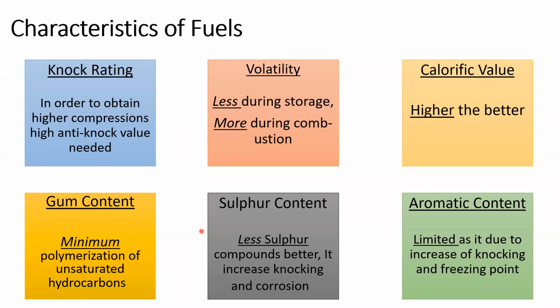problematic. The reason being, sulfur increases knocking and corrosion, but at the same time, sulfur increases the lubrication capabilities of a fuel. So in some cases, this is important. For example, fuel pumps need lubrication, but they can't use a separate lubrication system because they are working with fuel. So lubrication and cooling are also done with the fuel.